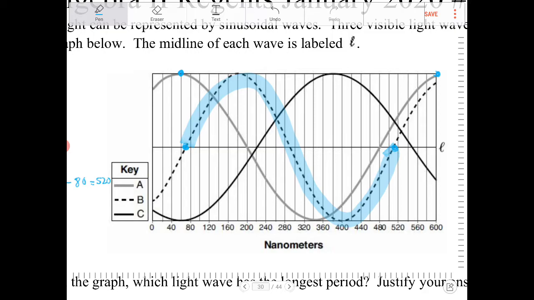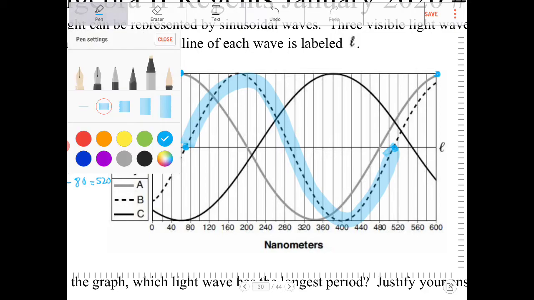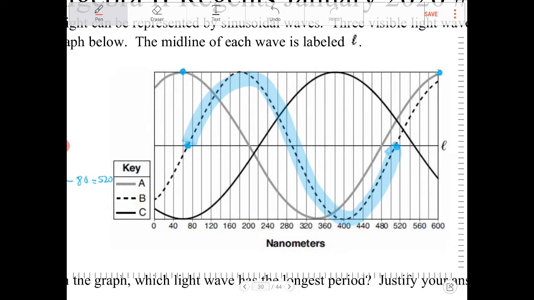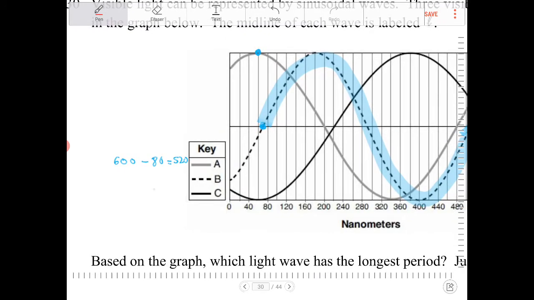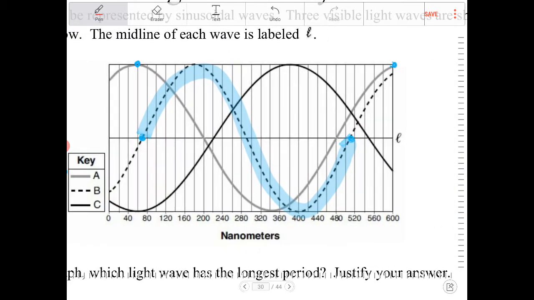So looking at this, I'm going to say roughly, let's say in red, over here, I'm roughly at, I'm going to say 55, right? That's the start, rather.